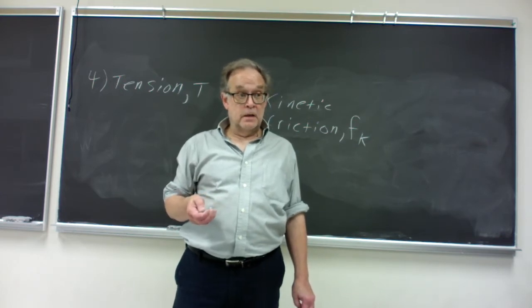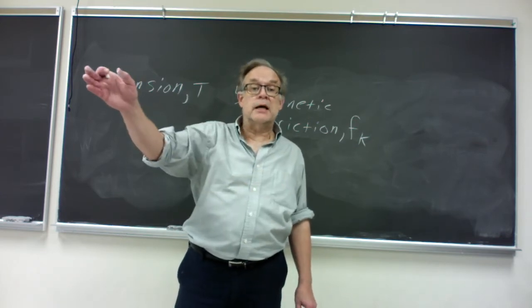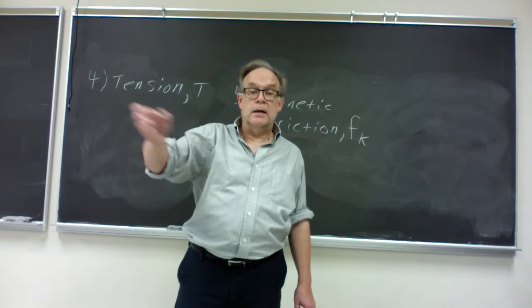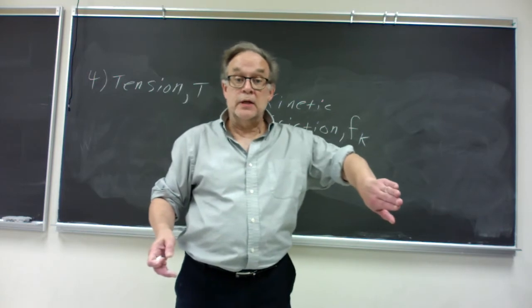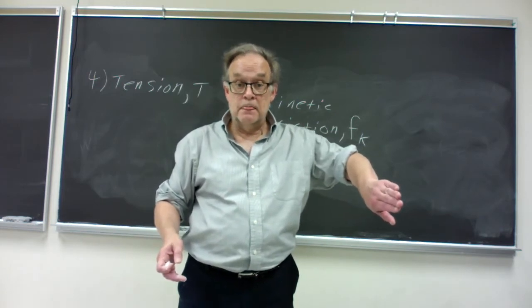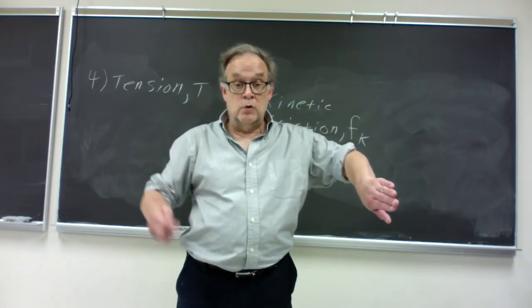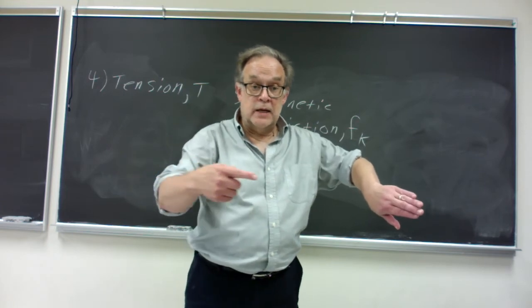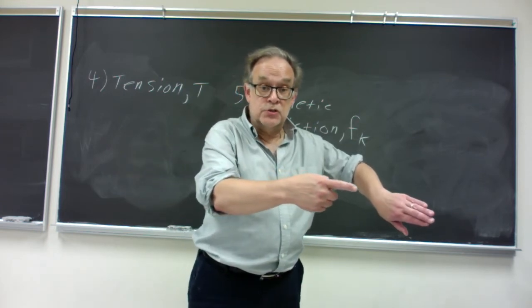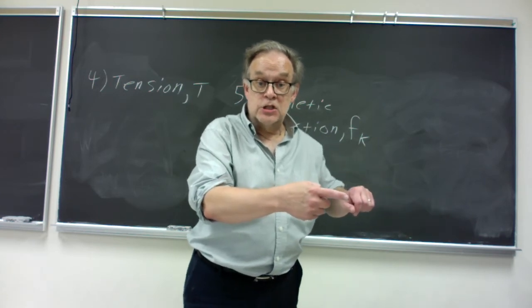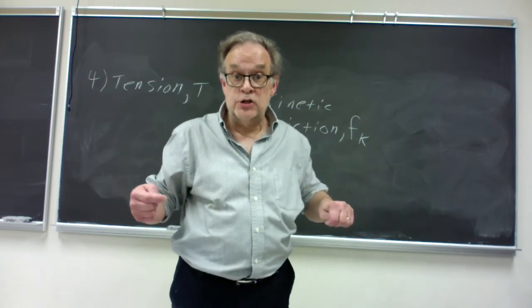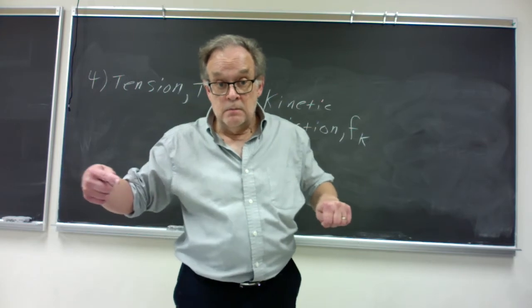Imagine that you just try sliding a book across the table. You slide it across the table this way. Eventually it slows down to a stop. Well, the book was sliding this way, so velocity was in this direction, but it's slowing down. Remember, whenever something is slowing down, velocity and acceleration point in opposite ways.